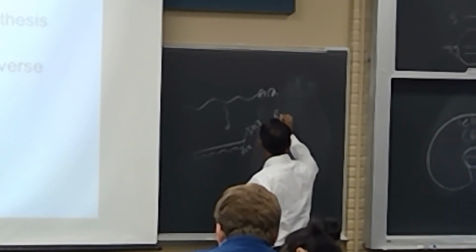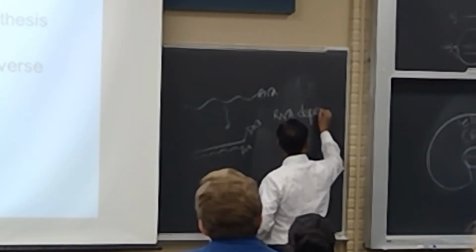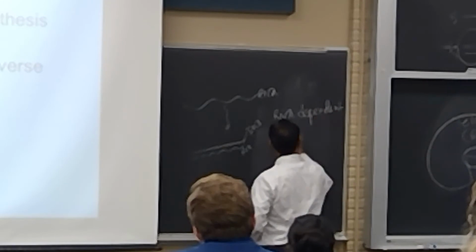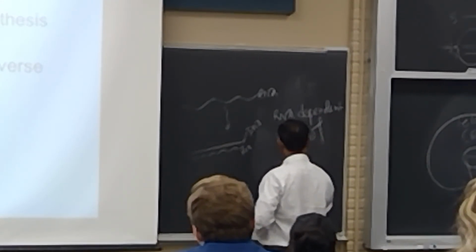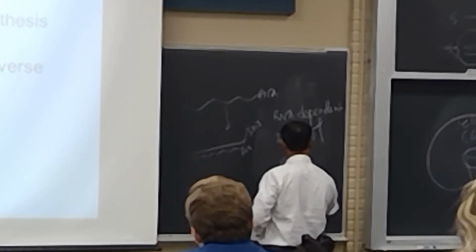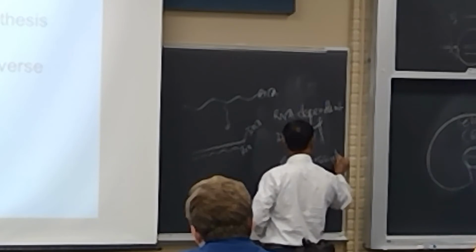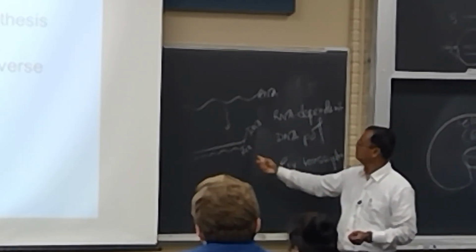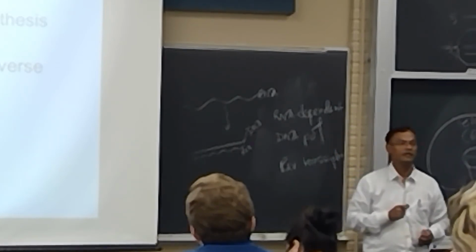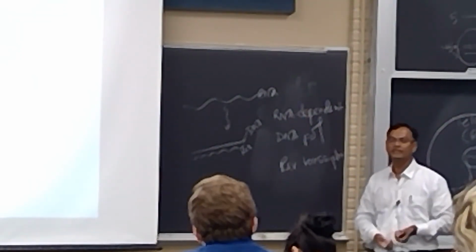So this is RNA-dependent DNA polymerase, which is also called reverse transcriptase. Why reverse transcriptase? Transcription means DNA to RNA, correct? So RNA to DNA, that's why it is called reverse transcriptase.